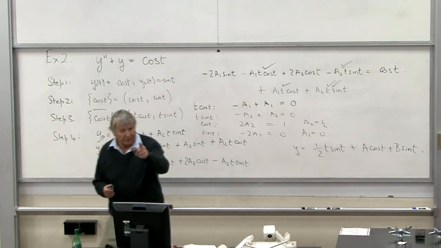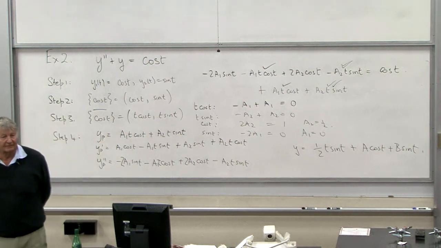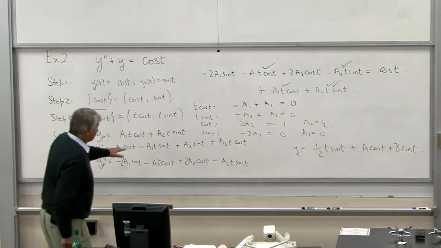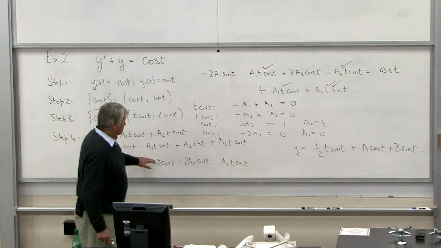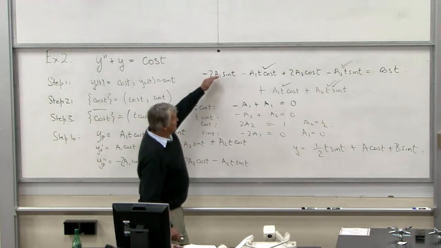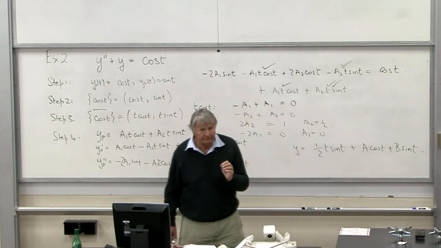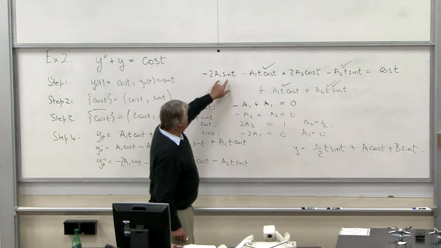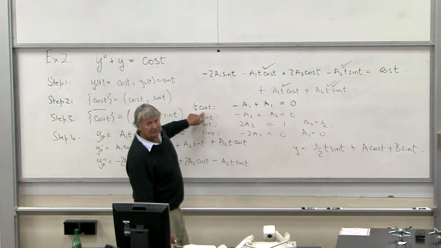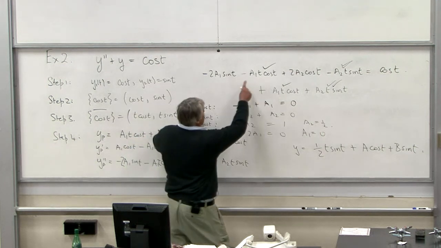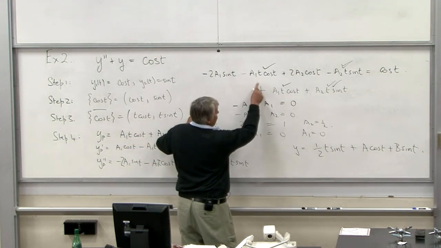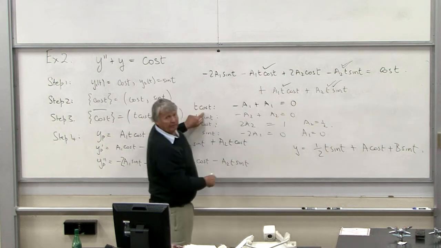Now, yes, question. What are you doing when you say this t cosine t equal 1? Oh, what I'm doing is I'm taking this equation, which is to hold for all t. I'm taking all the coefficients of t cos t. T cos t appears here, so I have minus a1, and here plus a1.